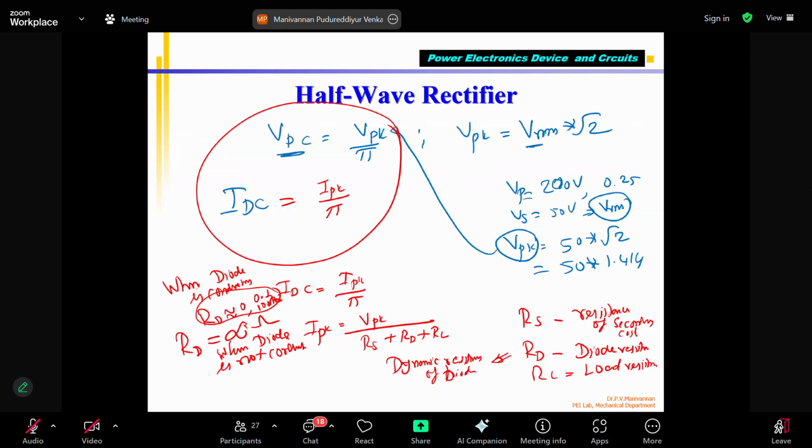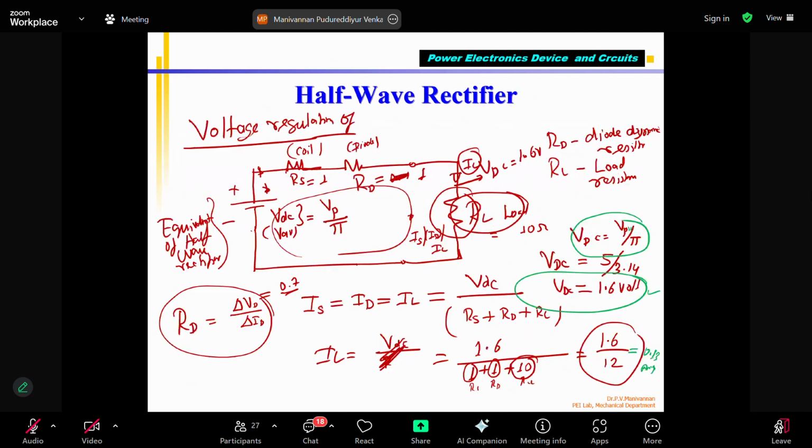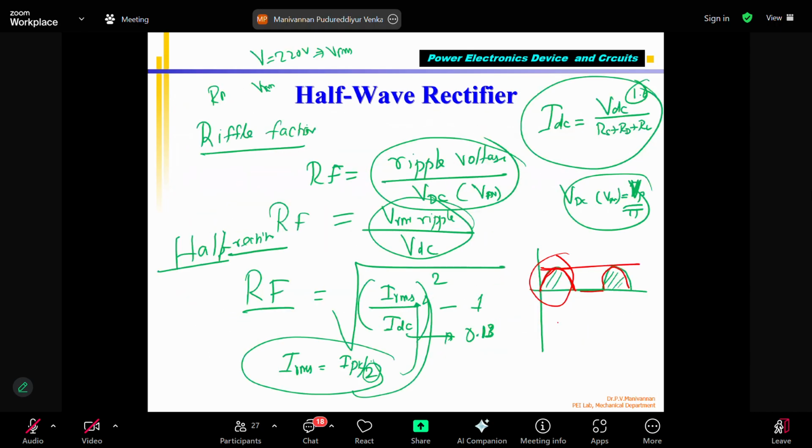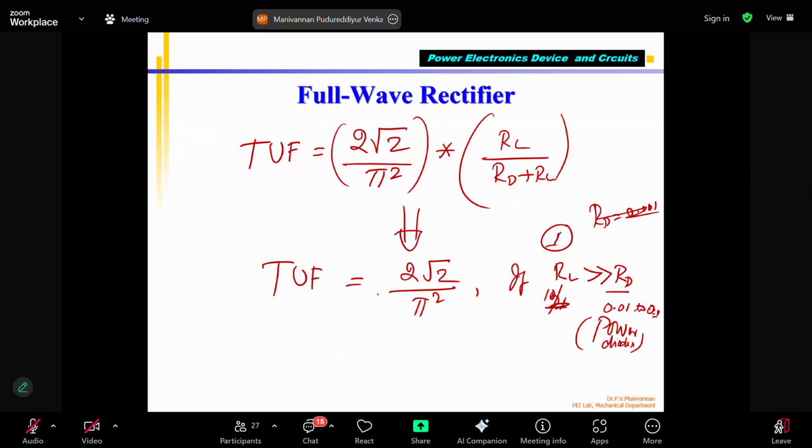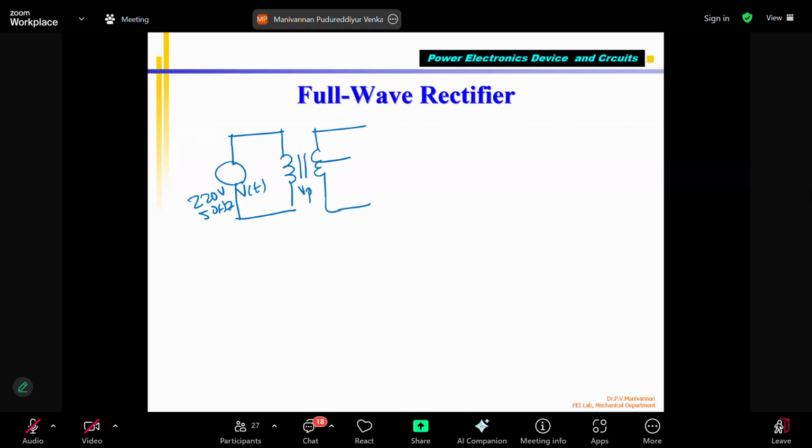Now, if I want to use the full wave rectifier, it needs what you call a center tapped transformer. We know that this is the secondary coil I'm showing. So, for example, it has 10 turns.